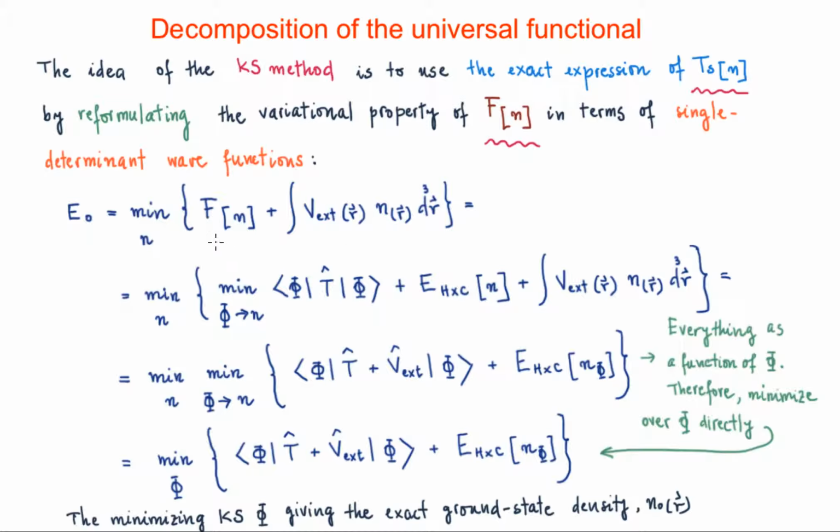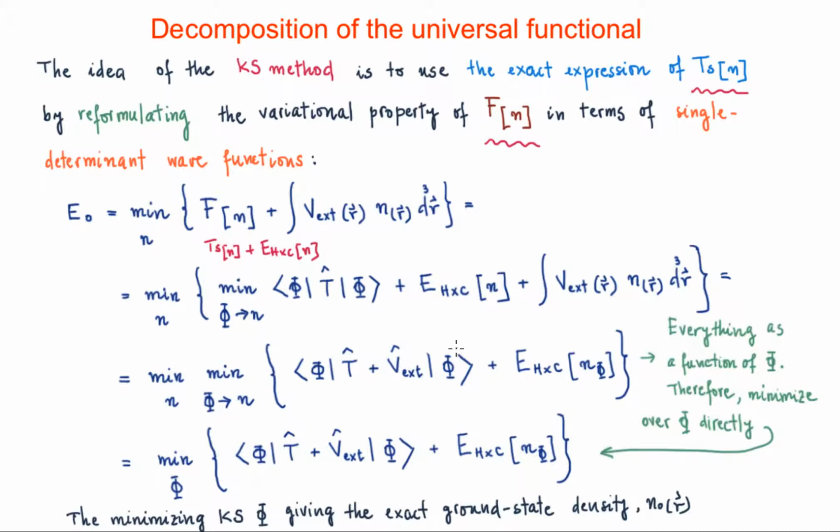One is Ts, and the other is the Hartree exchange and correlation functional, which depends on the electronic density. Remember that Ts is the kinetic energy functional of this non-interacting system. Then we have the rest, the Hartree exchange and correlation energy, and then again this term related to the external potential.